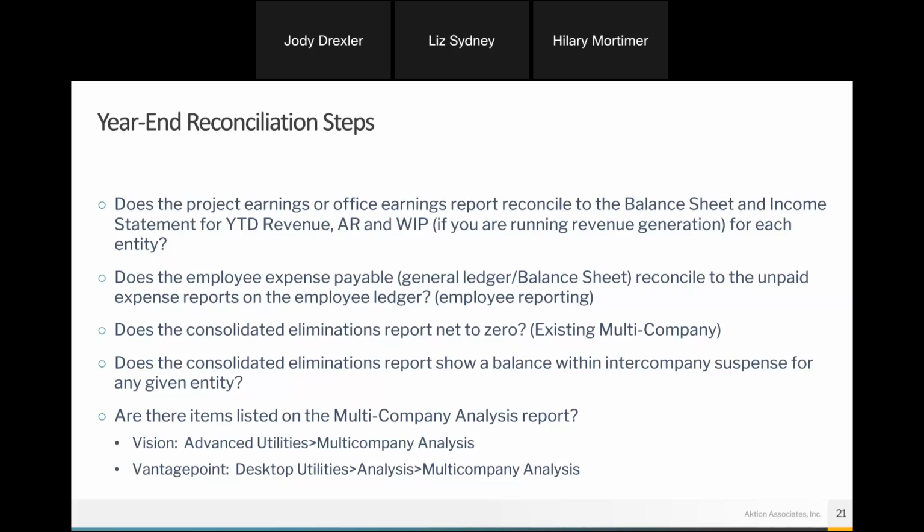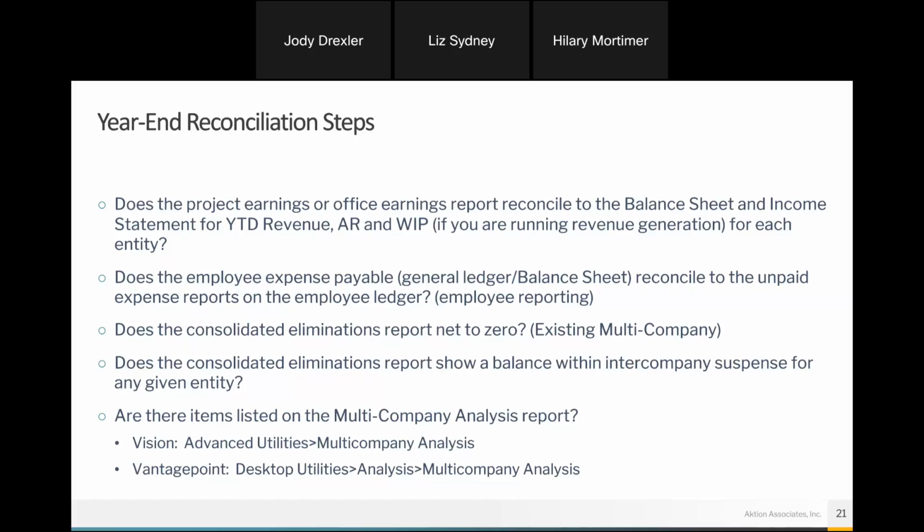You also want to run an employee expense payable ledger and tie it back to it if you have that as a separate line item on your balance sheet. And if you're multi-company, does your consolidated eliminations report net to zero?